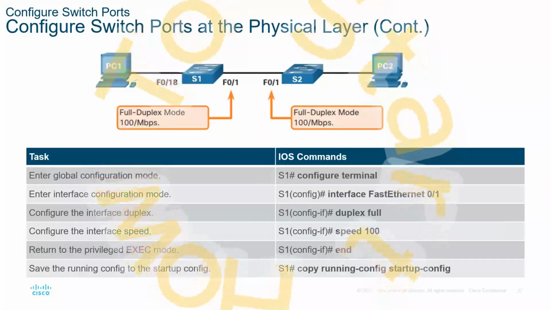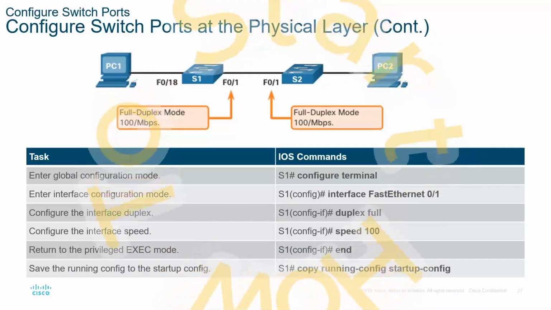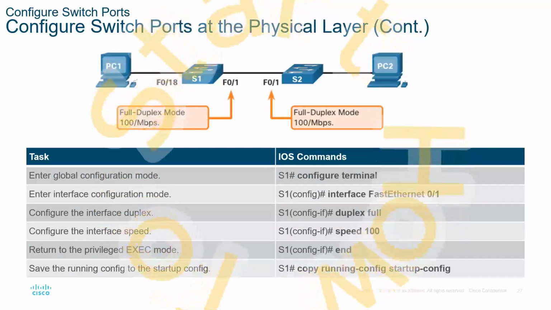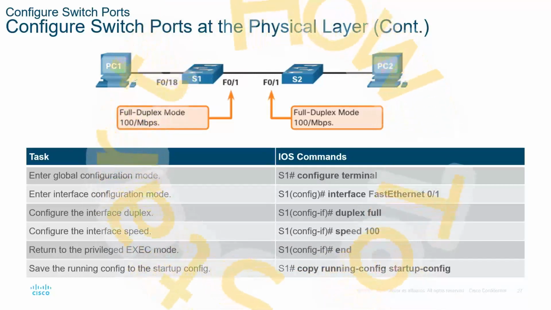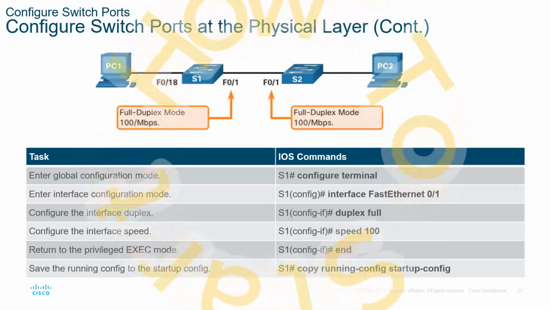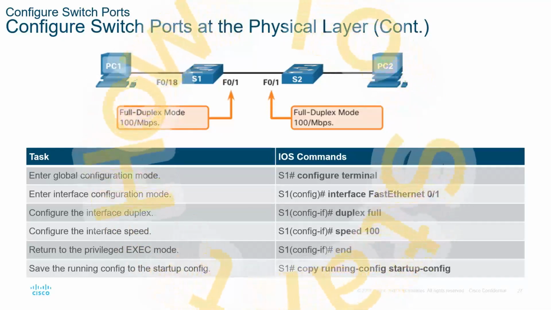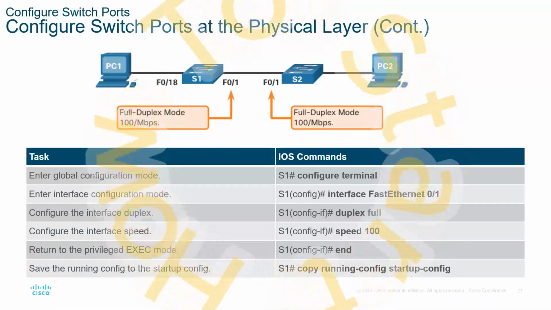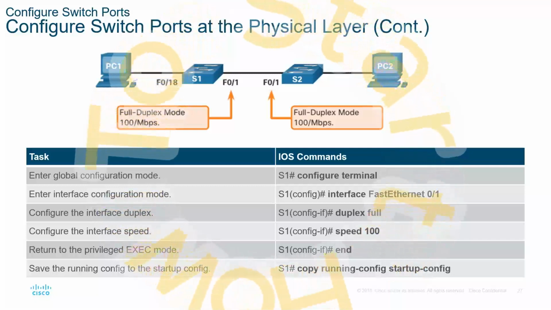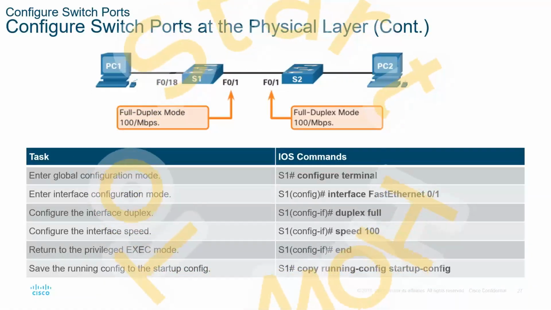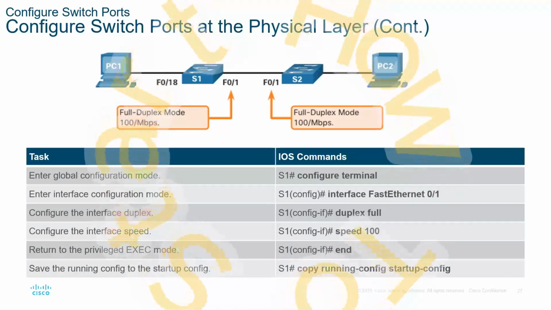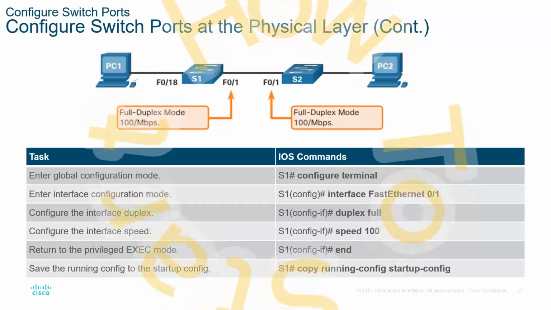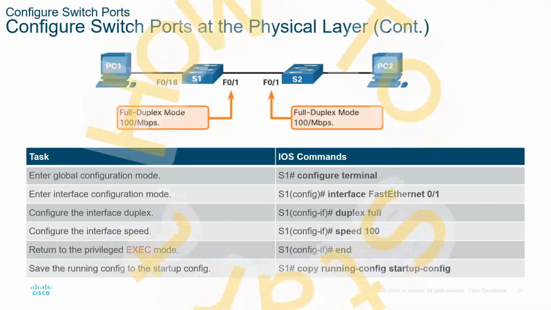If you want to configure the speed manually, you would log into the device, go to the appropriate interface, set up duplex mode, half or full, and then you could set speed. The speed would be in megabits. End it, save it, restart it, and the device will now operate at that speed. Again, realistically, leaving it on auto is typically done.